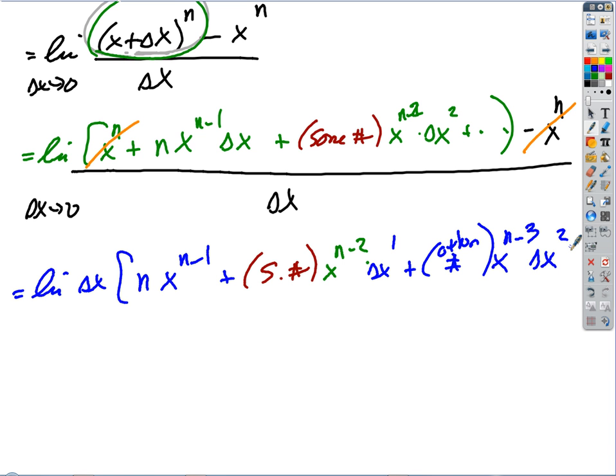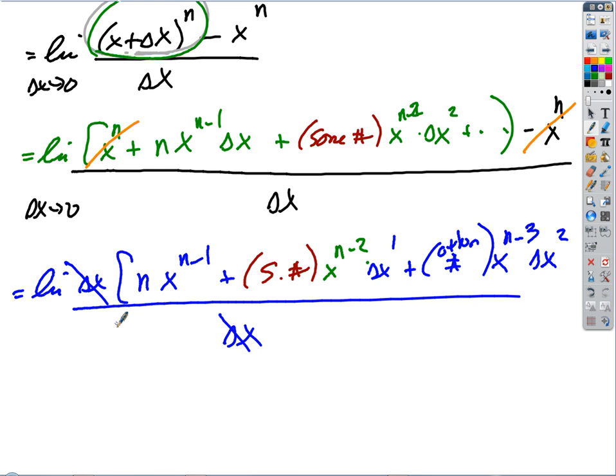But when I take my limit, what's going to happen to all those terms? In the limit that delta x goes to zero, they all disappear, because we're multiplying each of those terms in the limit times zero, so they vanish. We only end up with one term left over.